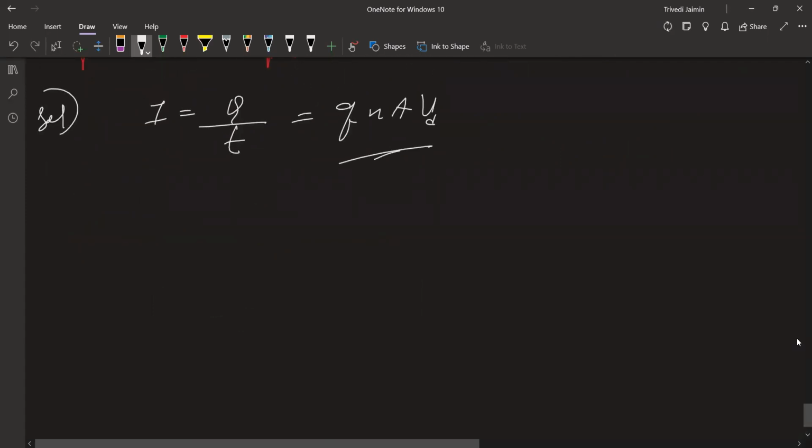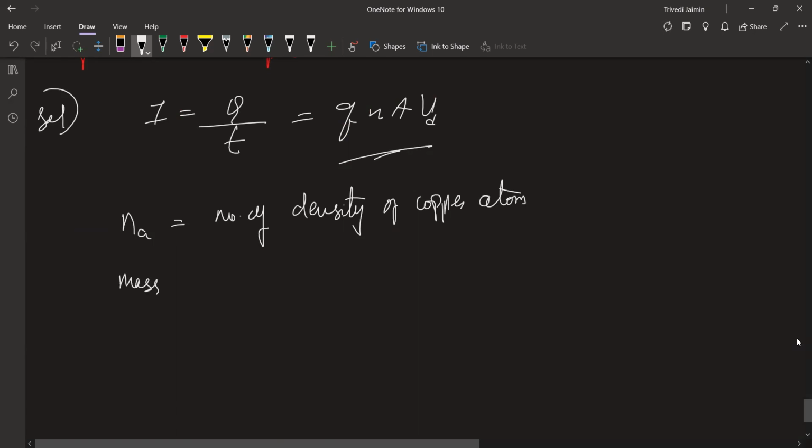This is a formula, fine. So let's assume Na as the number density of copper atoms. So we need to find this one. How can we find?